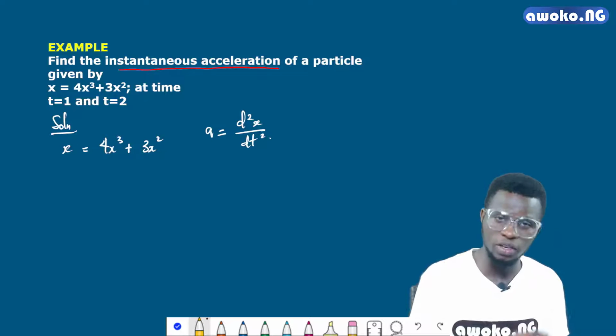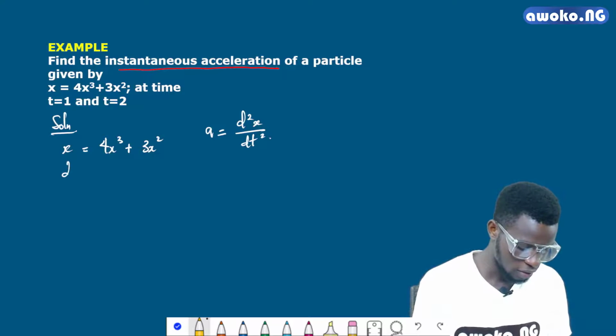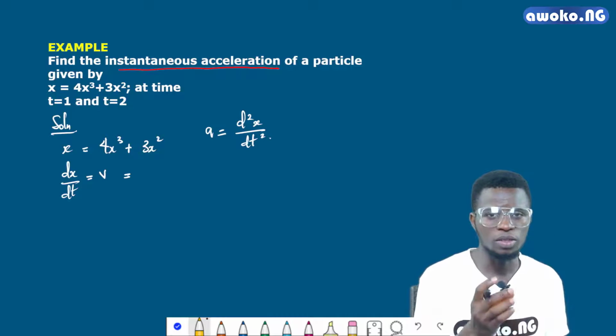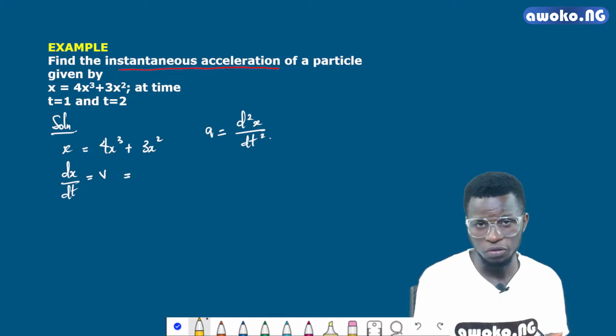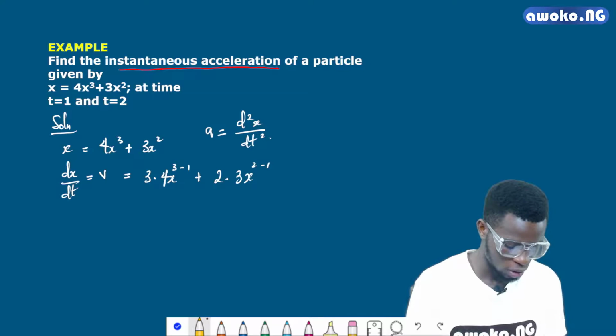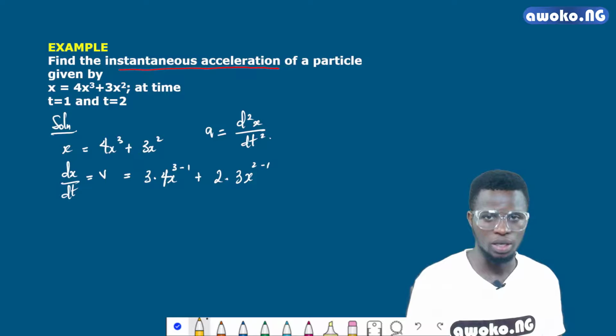So looking for the first derivative, we have dx/dt, which is equal to v, is equal to, from the formula method in differentiation, 3 times 4t raised to the power 3 minus 1, plus 2 times 3t raised to the power 2 minus 1. And I'm sure you still remember how we came about this.